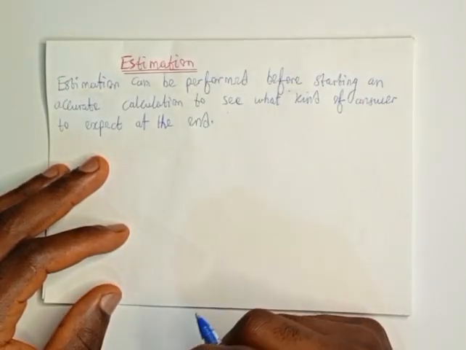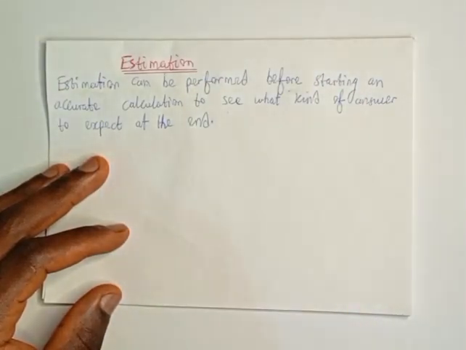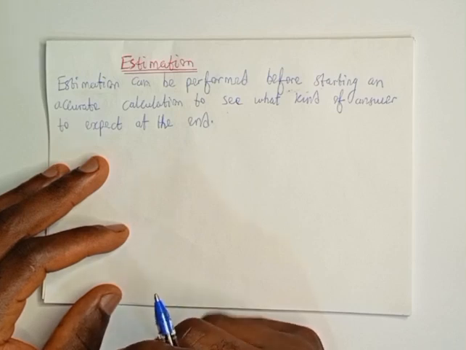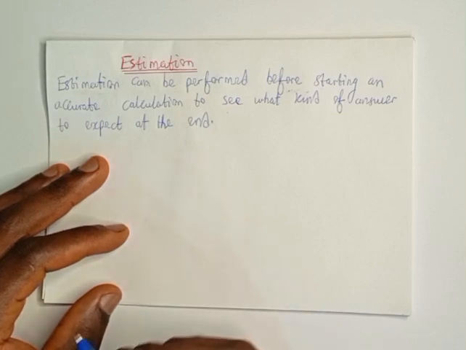That means we make use of estimation to see how the final answer will look like and to know what kind of answer we are to expect at the end of an accurate calculation.